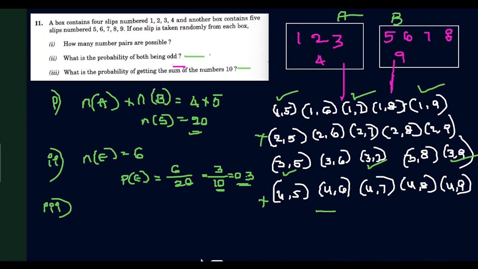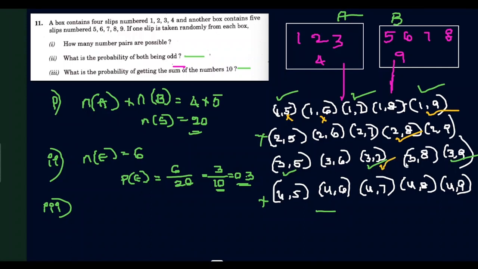Here we need to take the sum. So 1 plus 5 is 6, no. And 1 plus 6, no. Here also no, but yes, here it is a possibility. And 2 plus 5 is 7, no. Here 8, 9, 10. Yes, here it is a possibility, and the sum should be 10, right? 11 we cannot take.